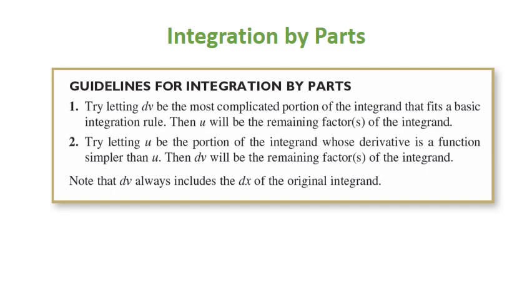The guidelines for integration by parts are the following. When identifying what dv should be, choose the most complicated portion of the integral. However, you want that to fit a basic integration rule. So in other words, you want dv to be the more complicated part, but you want it to be easy to integrate.